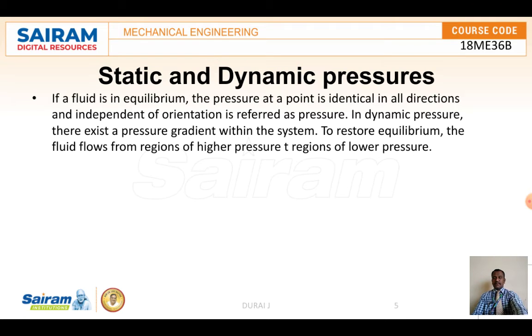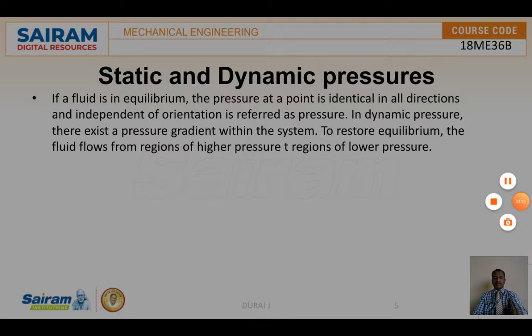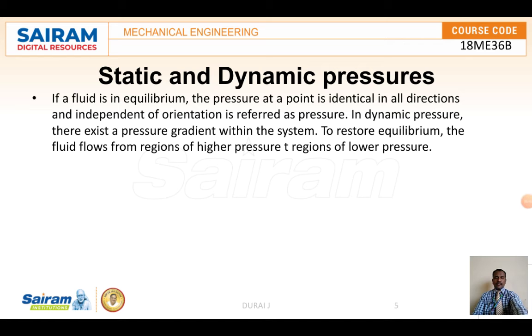Okay. Then we are going to discuss some more types, static and dynamic pressures. In static pressure, the fluid is in equilibrium. The pressure at a point is identical in all directions and independent of orientation.